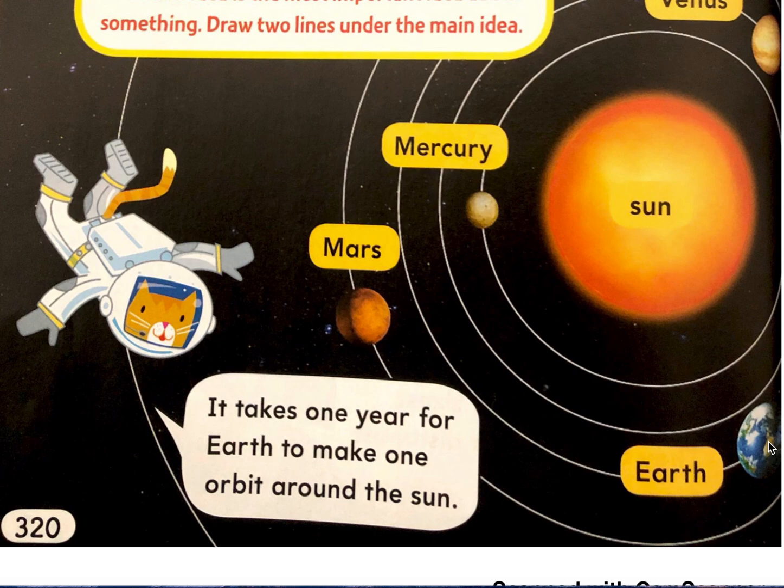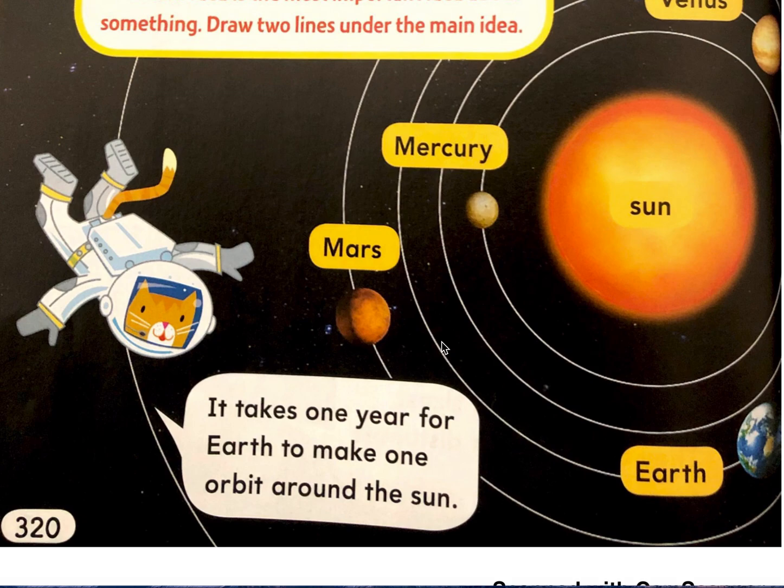Now, if you want to be really specific, it actually takes 365 and 1/4 days. That's 1/4 of a day for the Earth to go the whole way around the sun. That's why every 4 years we gain an extra day in the year.